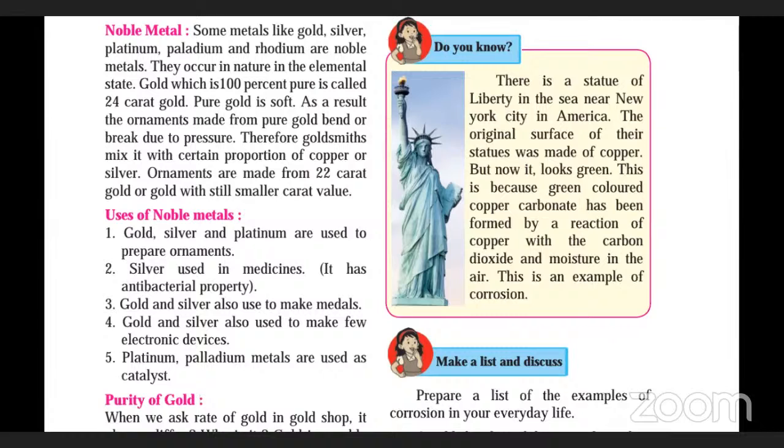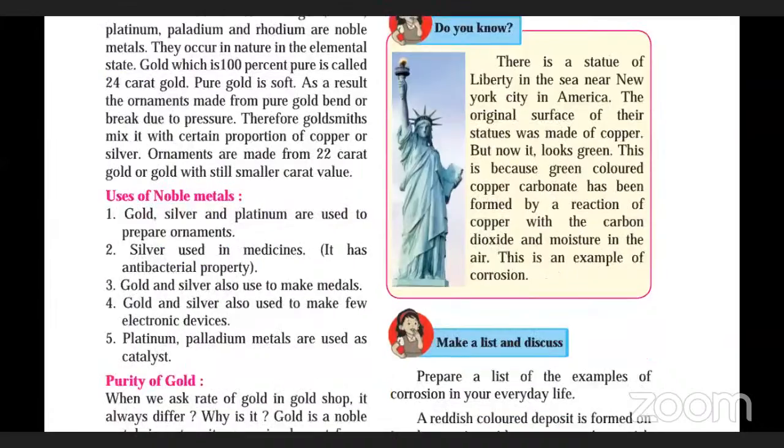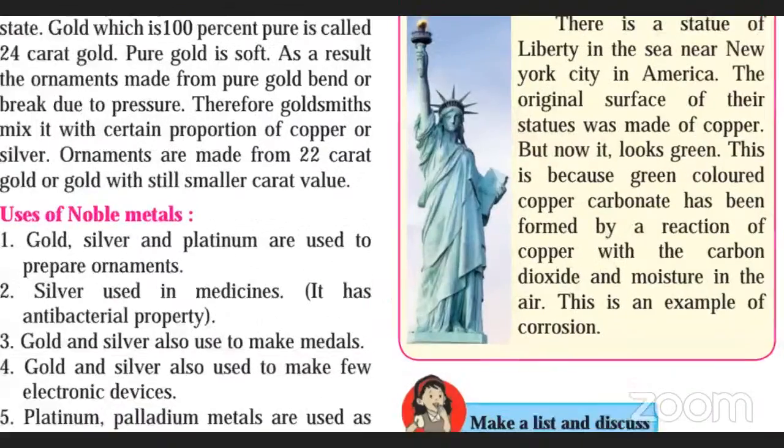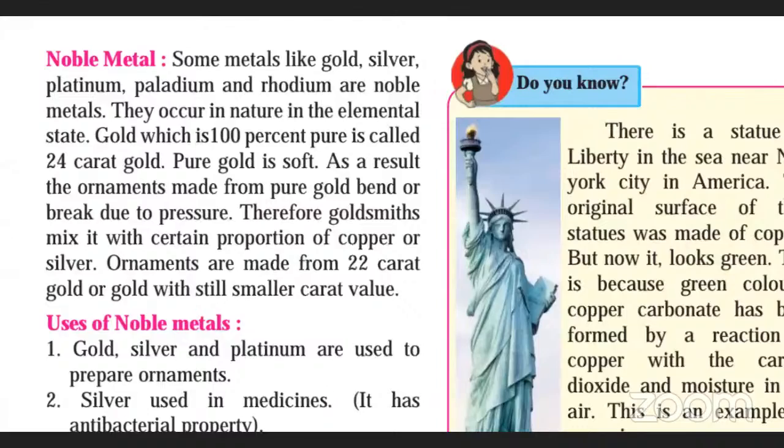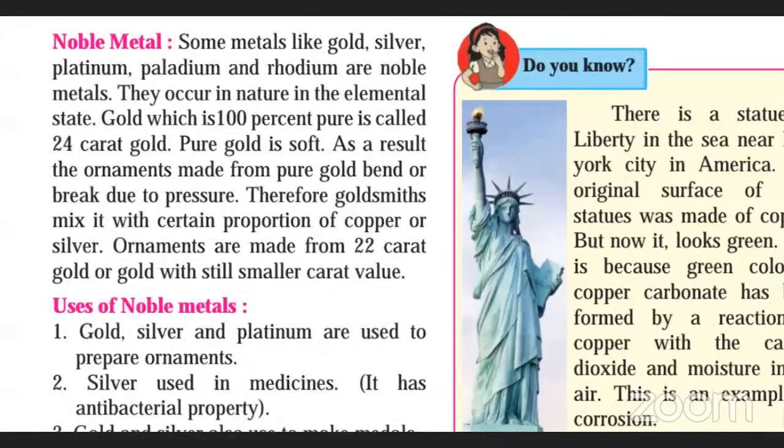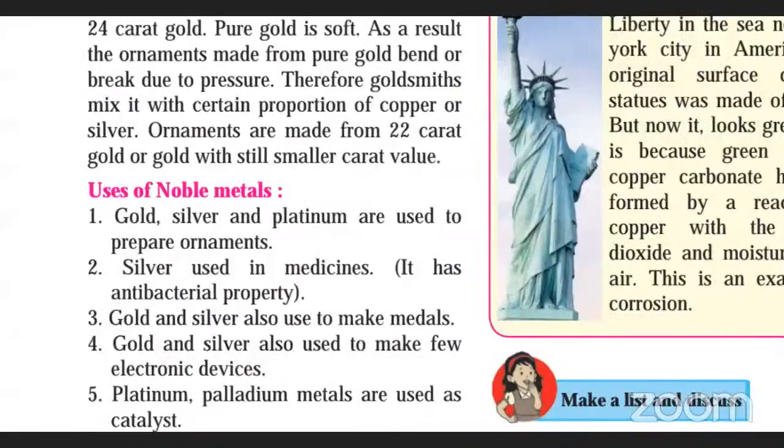They will not bend or break easily. So basically, we do not use 24 karat gold for making ornaments. The gold which is used is 22 karat, meaning other metals like copper and silver are mixed in the gold.